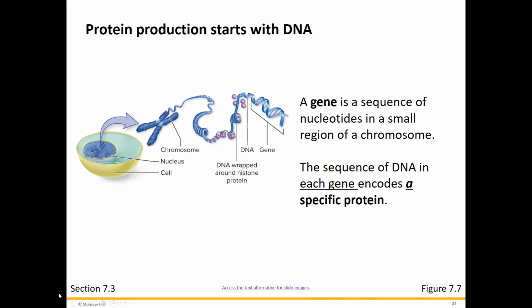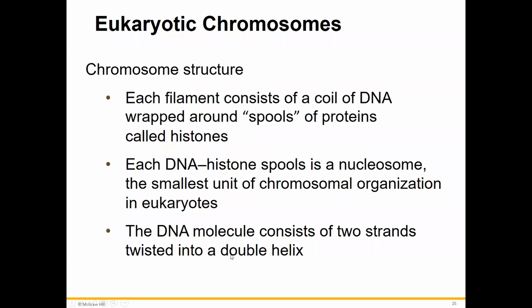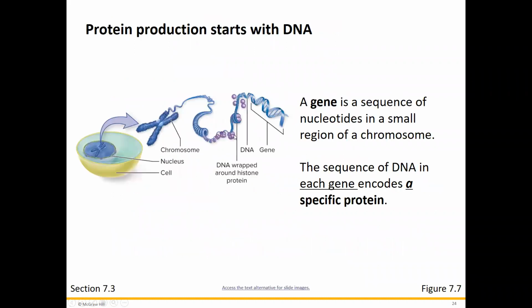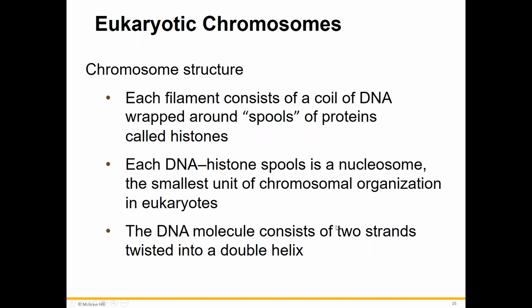So it's helpful to see some of the backstory. So a chromosome structure is a coil of DNA that's wrapped around spools of proteins called histones. These are referred to as spools because the DNA starts wrapping around them like a spool of thread.